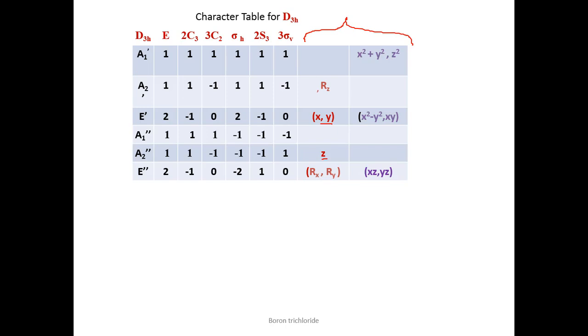Now you need the reducible representation. If you find x square plus y square plus z square against the term in the reducible representation, then it represents the totally symmetric combination of s orbitals. If you look at the character table itself, against x square plus y square plus z square you find all ones. That is why you say that it is completely symmetric. If it is negative, it is antisymmetric.